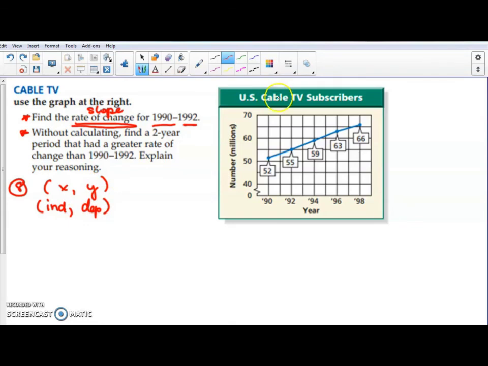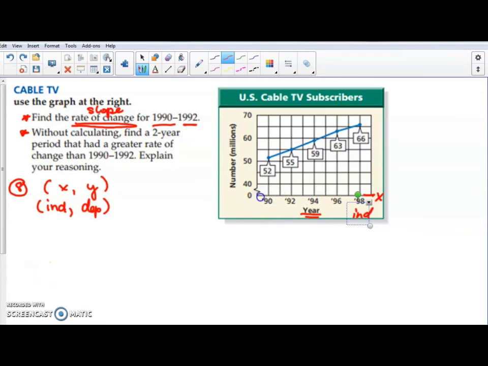So it says U.S. cable TV subscribers. Because this is our x-axis, it means this is our independent variable. But also, if you think about it, year is something that cannot be affected by anything. Time's going to keep on going. So that's why time will always be down here on your x-axis, because it's our independent.